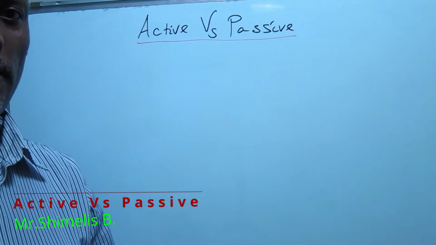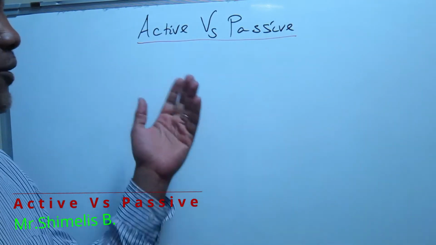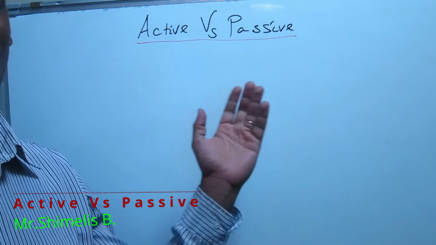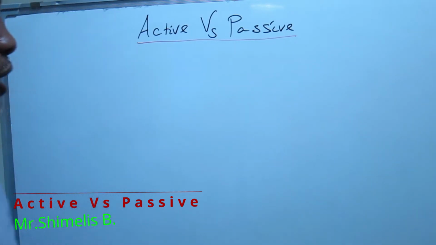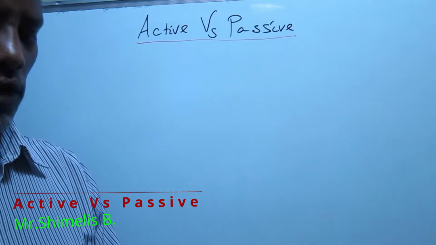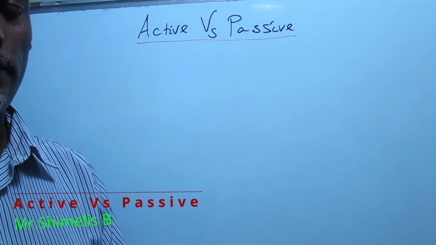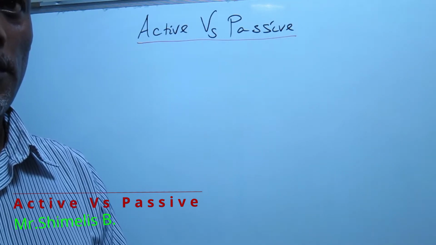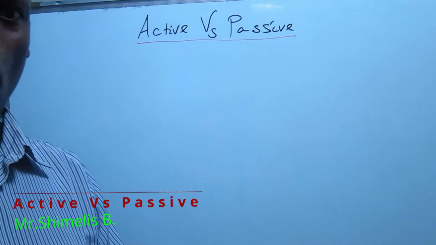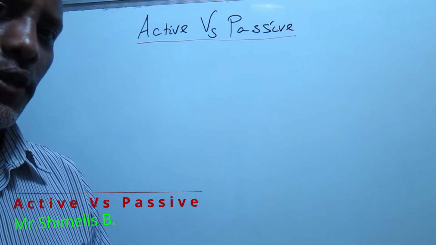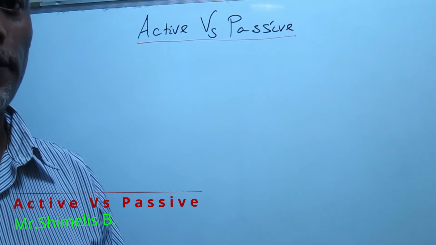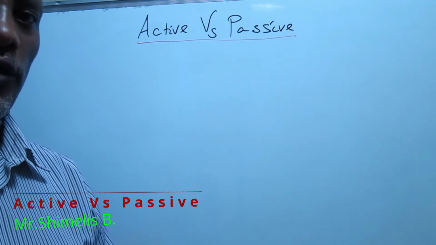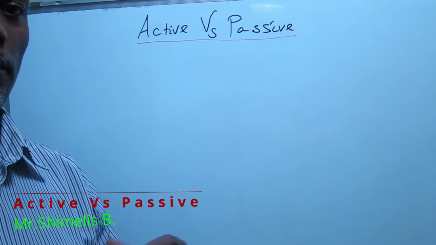Today I have come up with a topic, as you can see from the board. It is about active versus passive. In this discussion we're going to see the words active and passive, and we'll see why we use passive forms over active, and then we'll see how to change active sentences to passive.